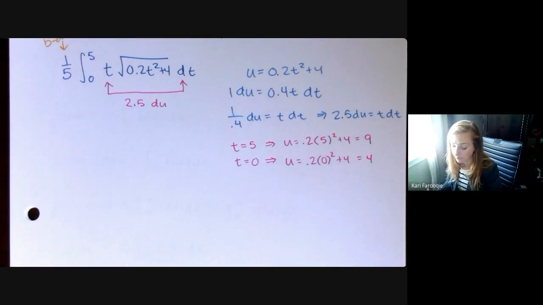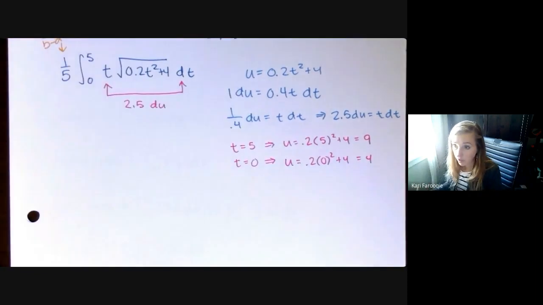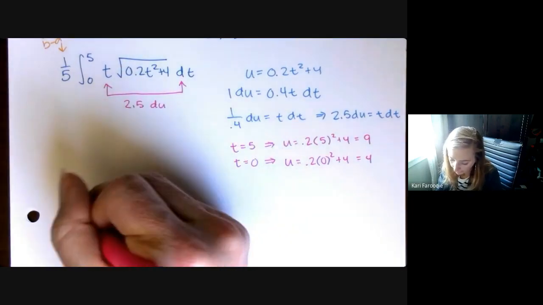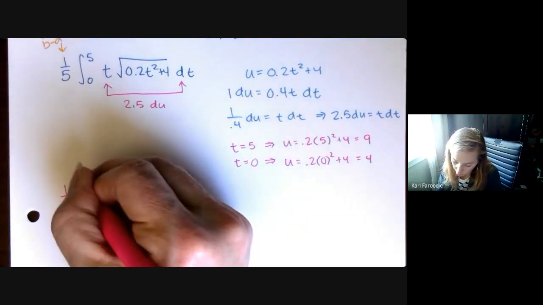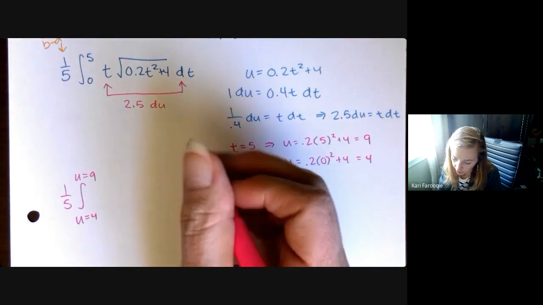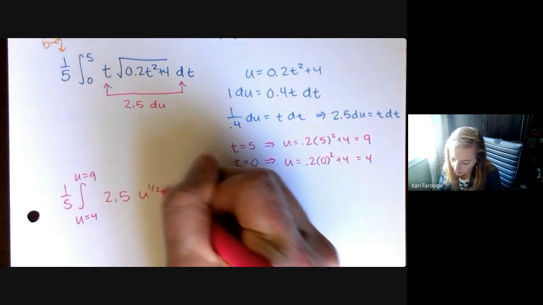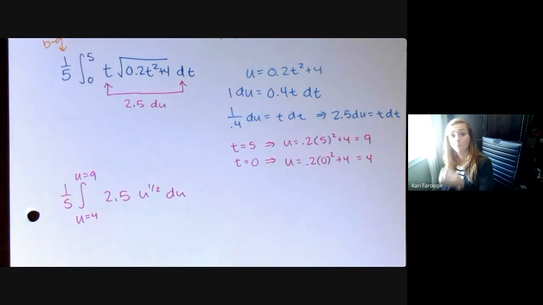I'm going to rewrite the whole integral in terms of u. So I'm going to go ahead now and say 1/5, because it's a constant, it's going to stay. I'm going from u equals 4 to u equals 9 of 2.5 times u to the 1/2 du. And then you're going to take your 2.5 and divide it by 5 and write that as a half.